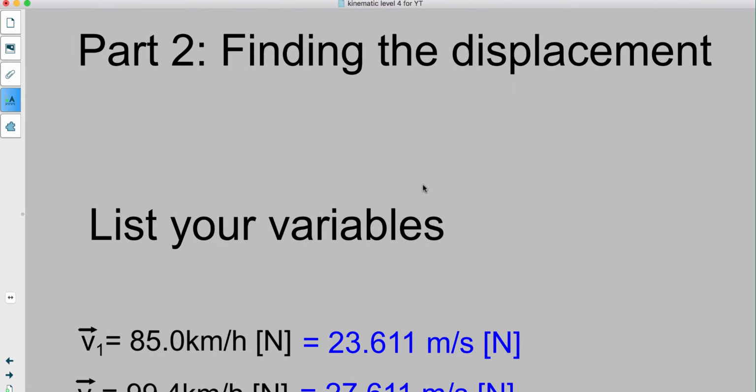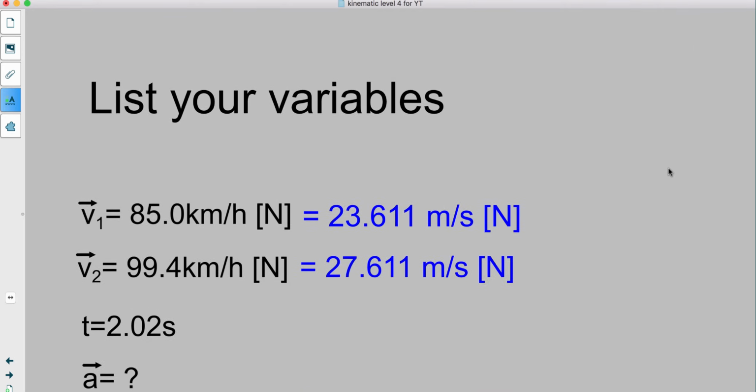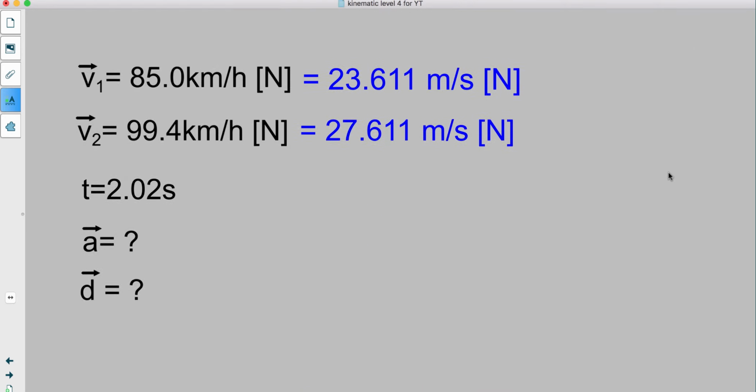Okay, so part 2 of the question is finding the displacement. We've already read the question over. We're going to list our variables again. V1, V2, time, acceleration and displacement. You'll notice that I did not put the calculated value we just got for A. I would like to pretend that we don't even have that.